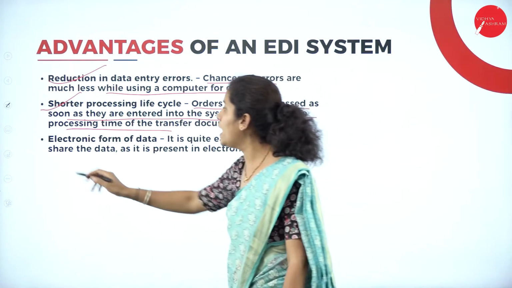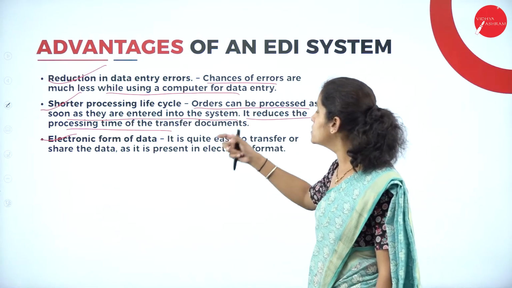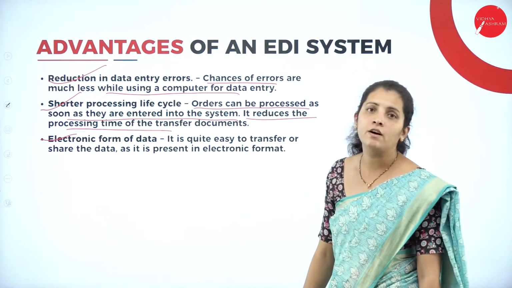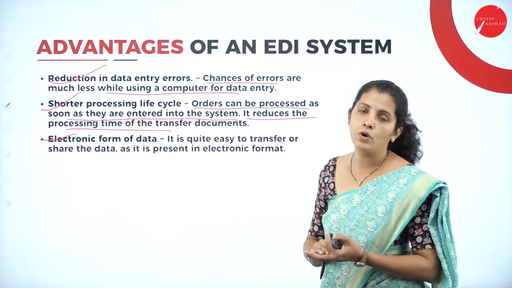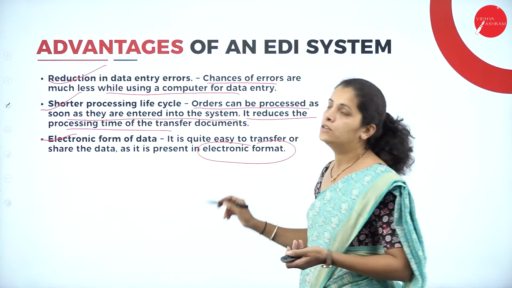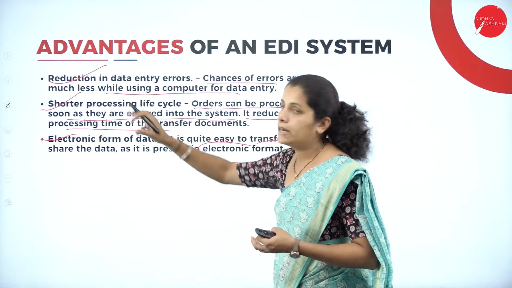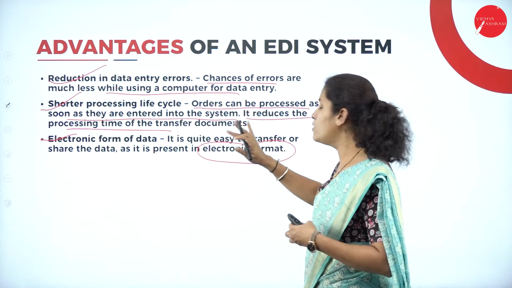Then we have an electronic form of data, so it is quite easy to transfer or share the data, because whatever data we store or process is in electronic format.